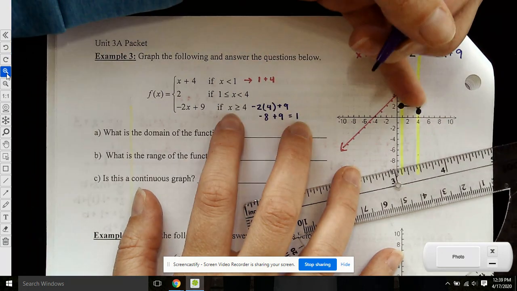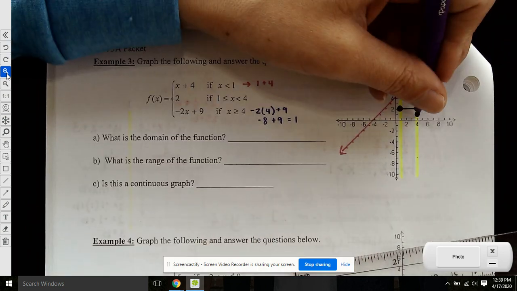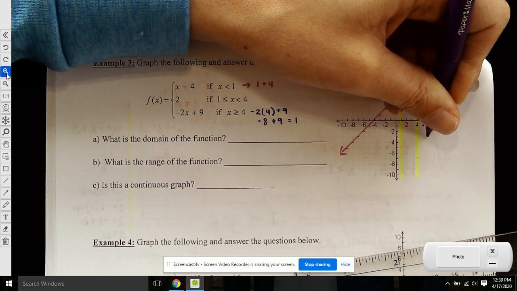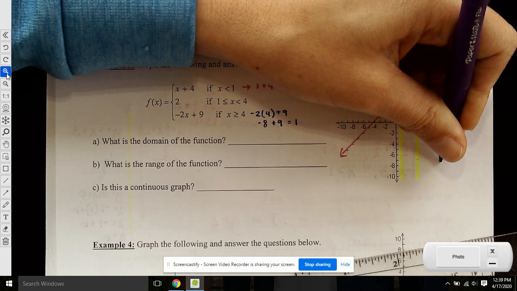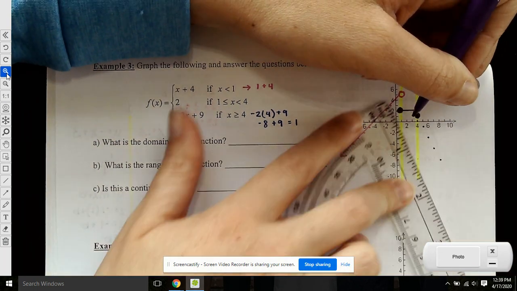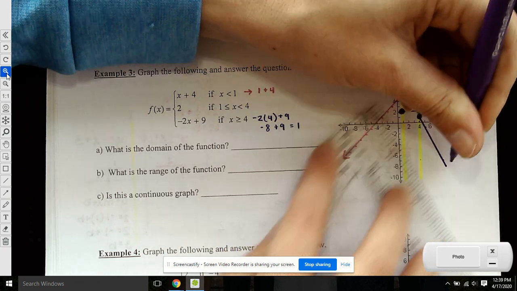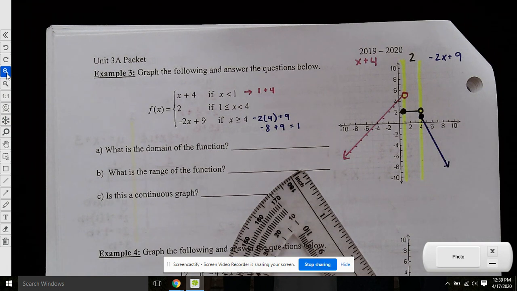So now from here, I'm going to use my slope of negative 2. So that would be down 2, right 1. Notice I'm only doing this slope into the section where it applies. I would not go to the left because that is not where this function is. There is my graphed piecewise function.